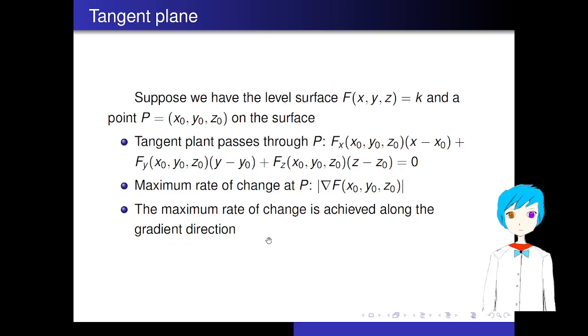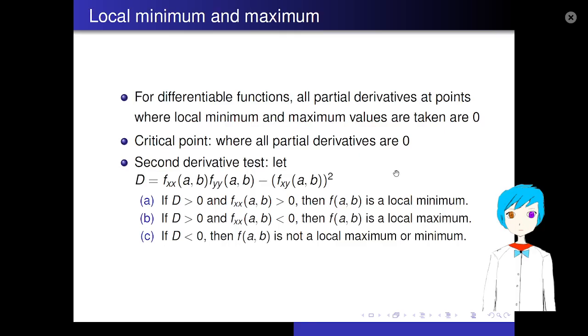So basically speaking, the level surface is perpendicular to the maximum rate of change, which means that if we move along any curve that passes through the point P on the surface, then the value of the function f will not change, and the direction of the maximum rate of change is always perpendicular to the tangent plane.